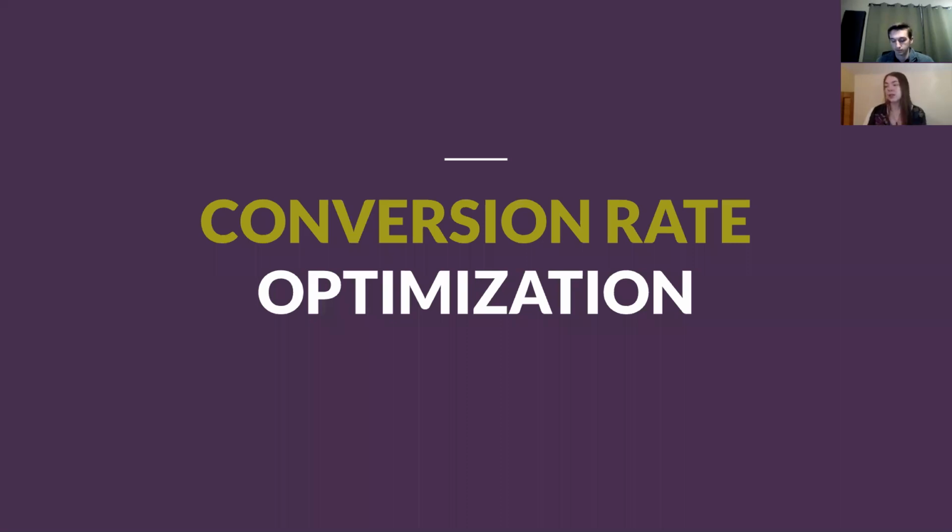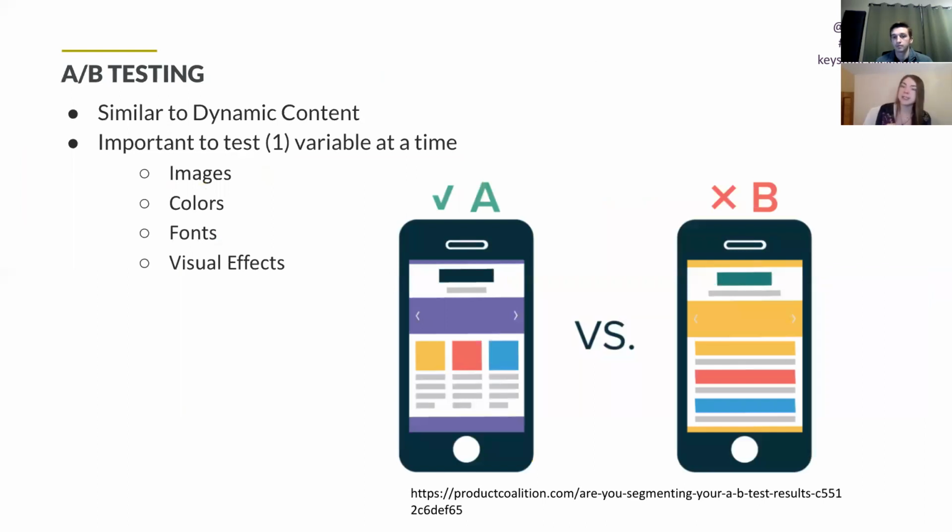And so, speaking of dynamic content and A/B testing, we're also going to talk a little bit about conversion rate optimization. So A/B testing is similar to dynamic content in that you're changing one thing at a time to see if it encourages people to click through and quote unquote convert.